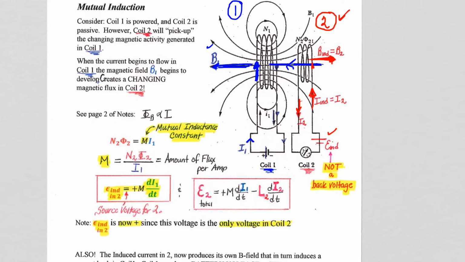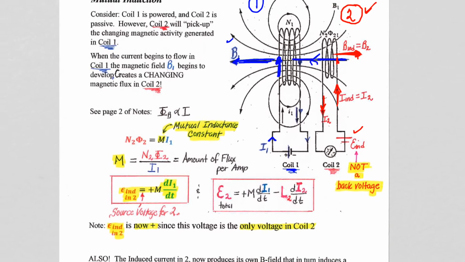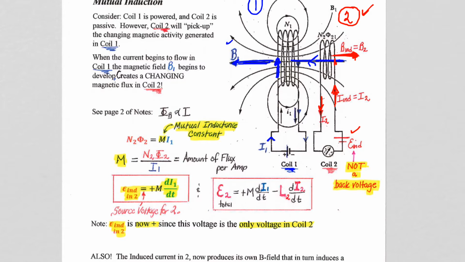Let's see how this fits in with our equations. We know that magnetic flux through a single coil is directly proportional to the current, because it's the current that makes the B field in the coil.